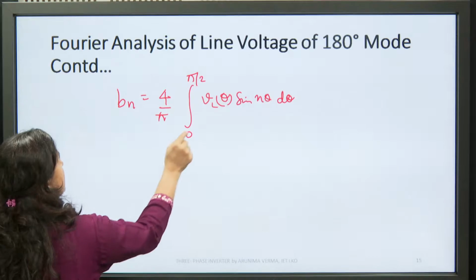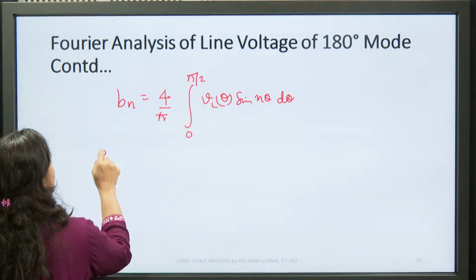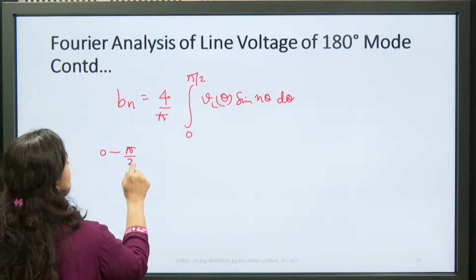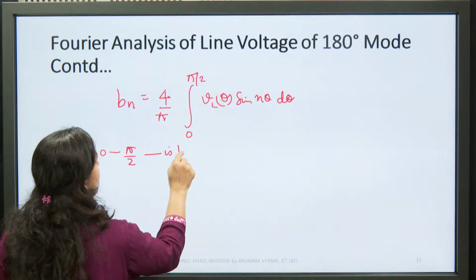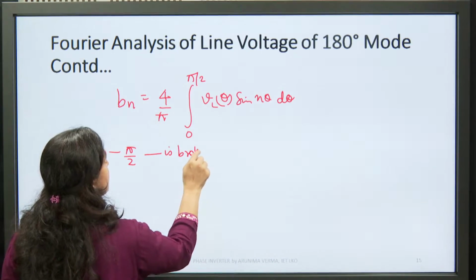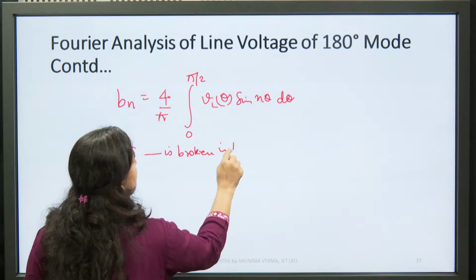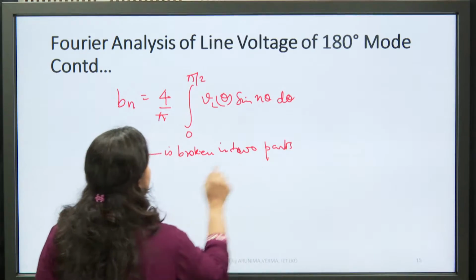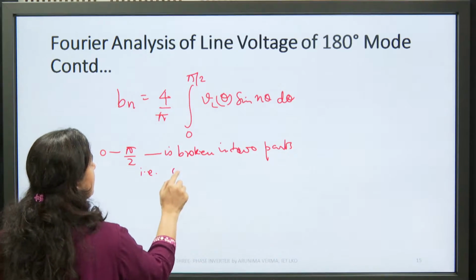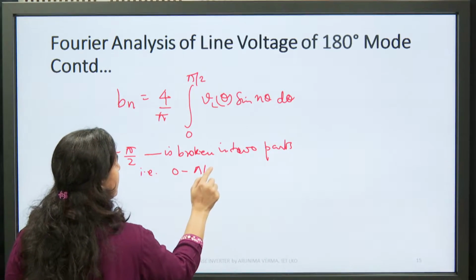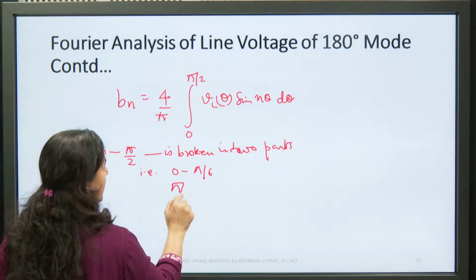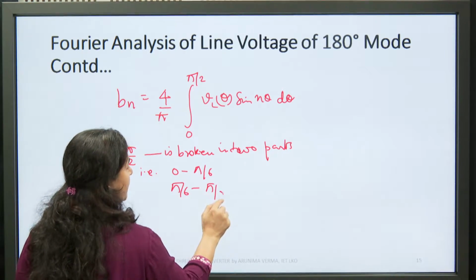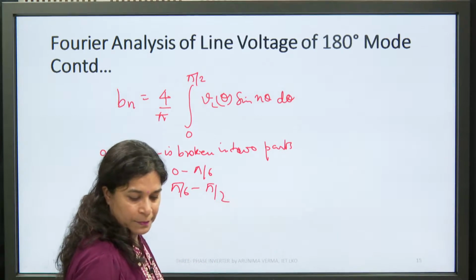Now, this limit 0 to pi by 2 is broken in two parts, that is 0 to pi by 6 and pi by 6 to pi by 2. Let us see in the waveform.